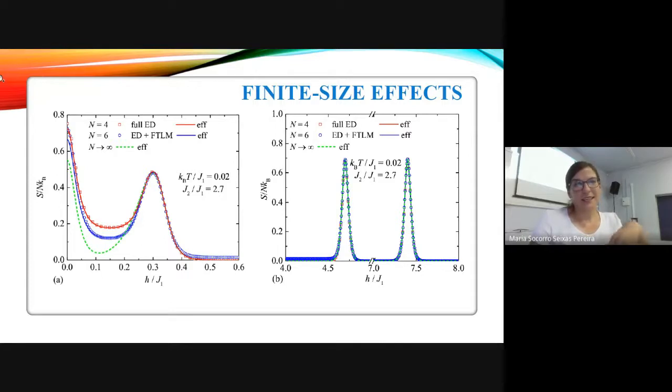To see inside the finite size effects, we have plotted here entropy as a function of magnetic field for 3 different system sizes.